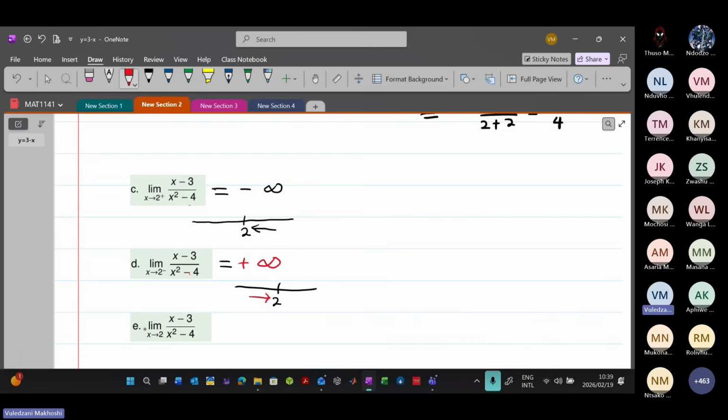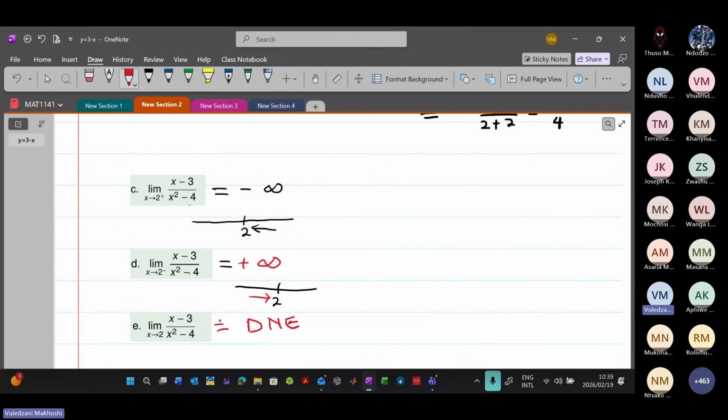Therefore, for number E, we could see that the left-hand limit and the right-hand limit, because these two together should give us this one. So basically, the limit when we are approaching 2, in this case, we can say does not exist.